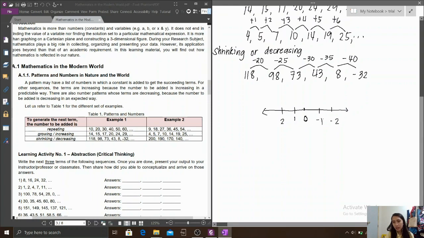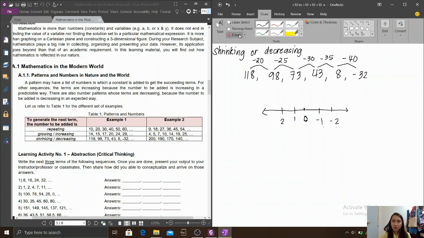On the right side, the numbers get larger as they go far away from 0. But on the other side, the numbers get smaller and smaller as they go away from 0. So we can say that negative 2 is less than negative 1, but positive 2 is greater than positive 1. That's just for a short review.